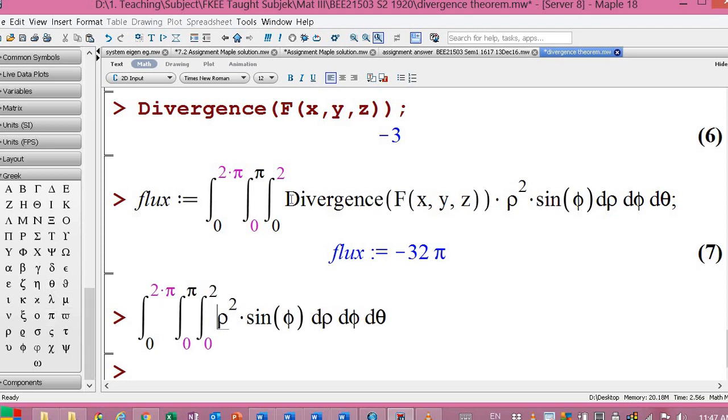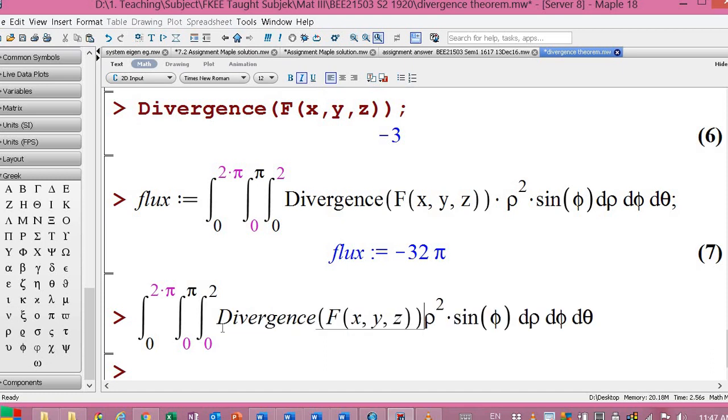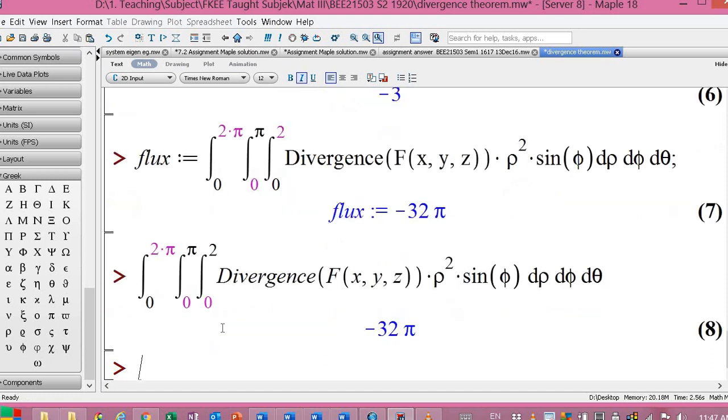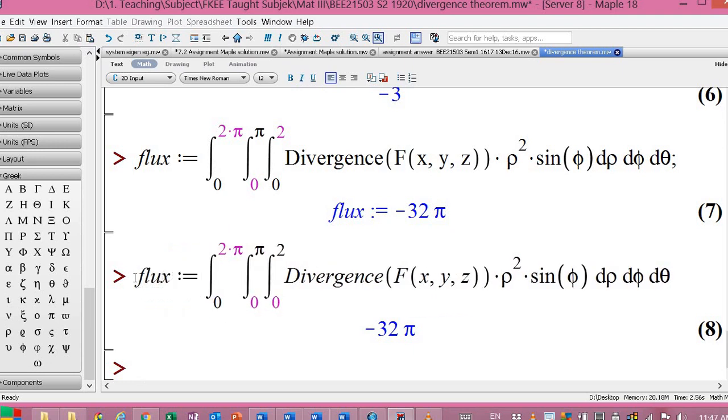And you have this one, the divergence. The answer is negative 32 pi. If you want to assign it to a variable, you assign negative 32 pi to the flux. So the result using Maple is negative 32 pi. If you evaluate it manually, you will get the same answer.